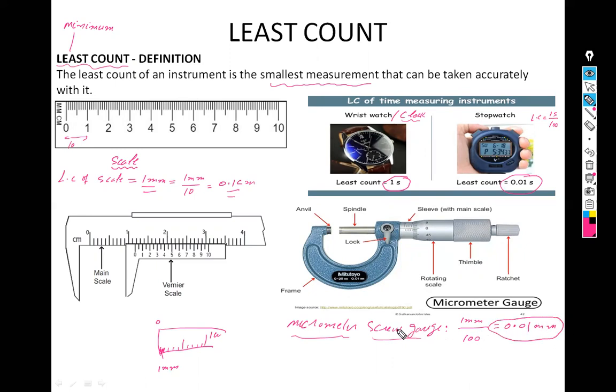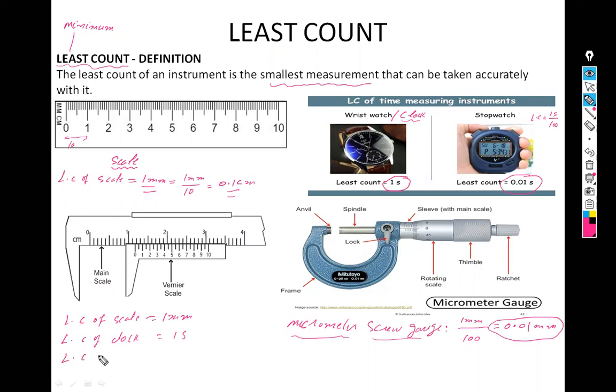Just memorize the least counts. Look, what is the least count of scale? The least count of scale is 1 millimeter. The least count of clock is 1 second.